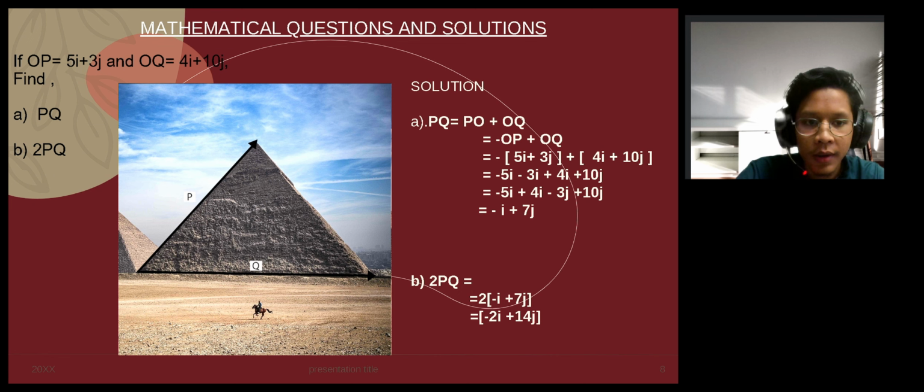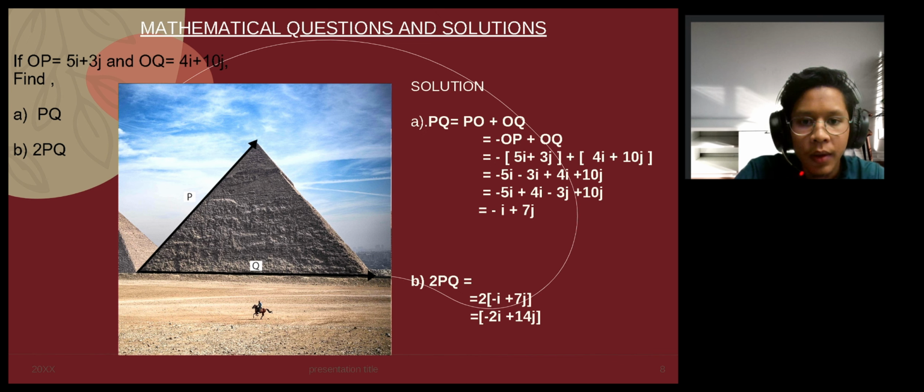Now let's move on to the next question. In this question, there are two sub-questions. The first is to find PQ, and the second is to find 2PQ. From the question, we know that OP is 5i plus 3j and OQ is 4i plus 10j. So the solution is PQ equals PO plus OQ.